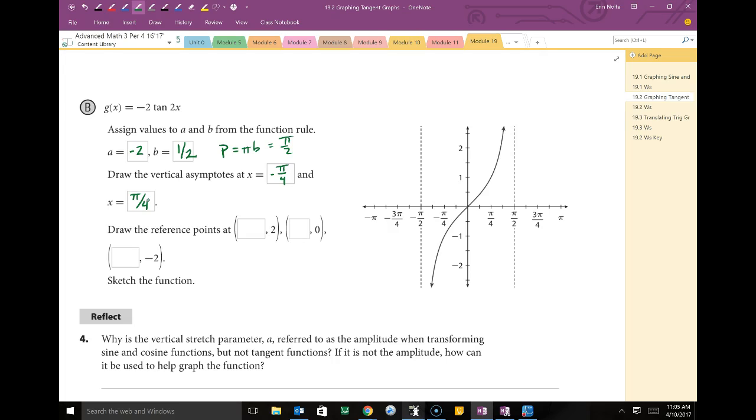So what is my x value for the very first reference point? Good. -pi/8. Now does everybody see where this 2 comes from? It comes from the amplitude, right?